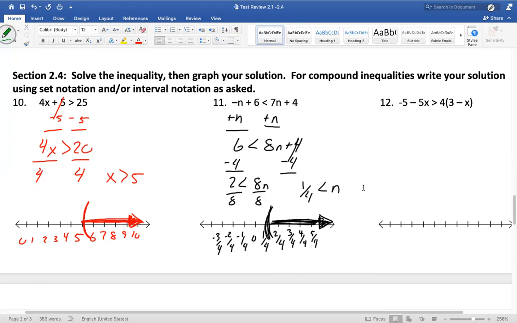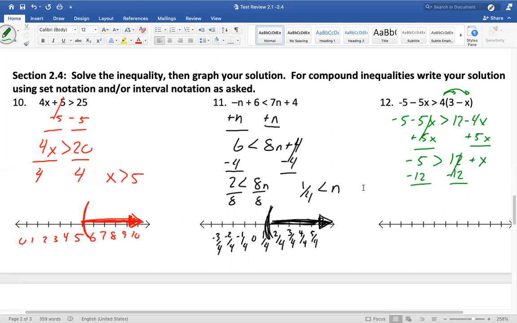This guy, distribute that 4. -5 minus 5x is greater than 12 minus 4x. So here, I'm going to add the 5x to both sides. And I get -5 is greater than 12 plus x. Subtract 12.